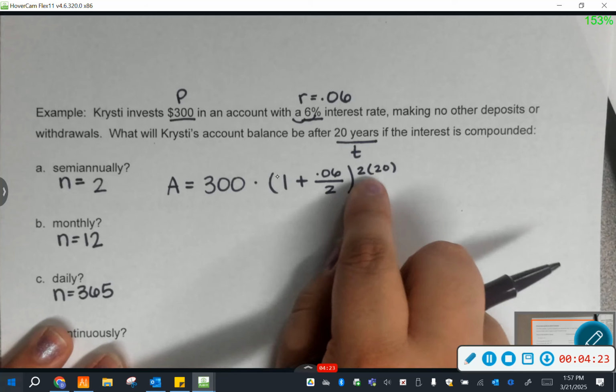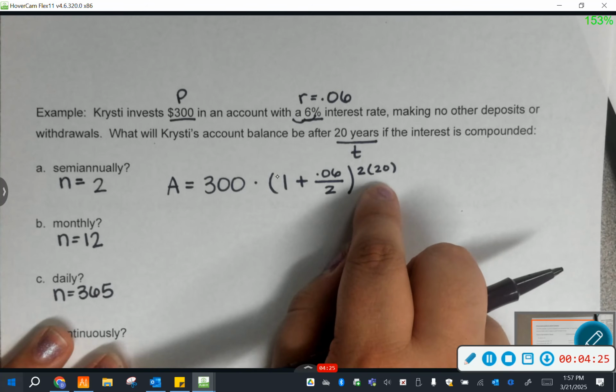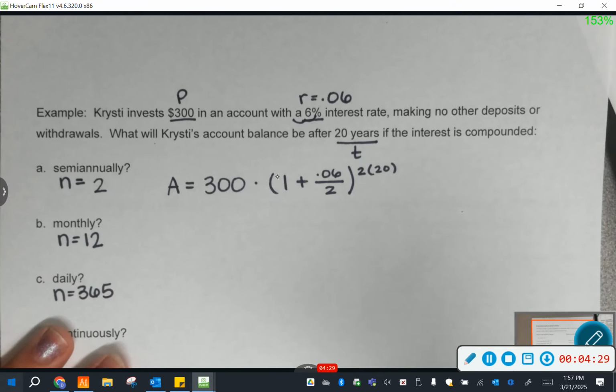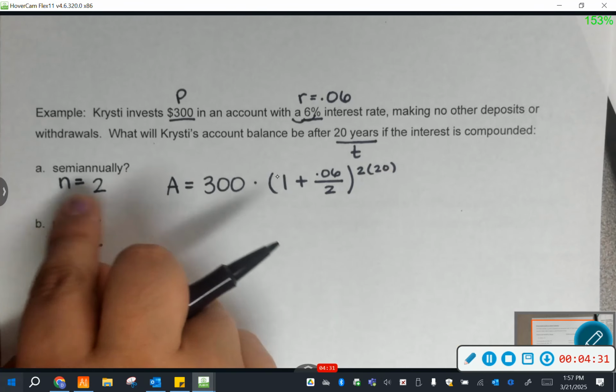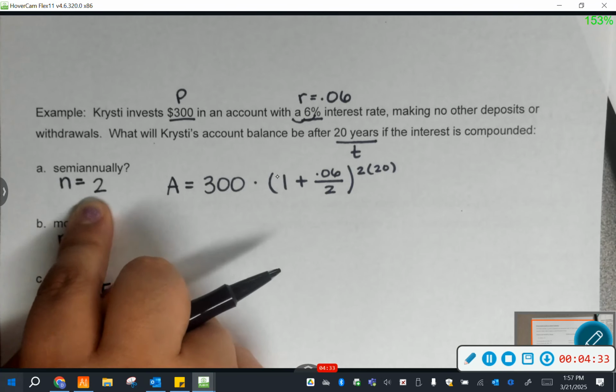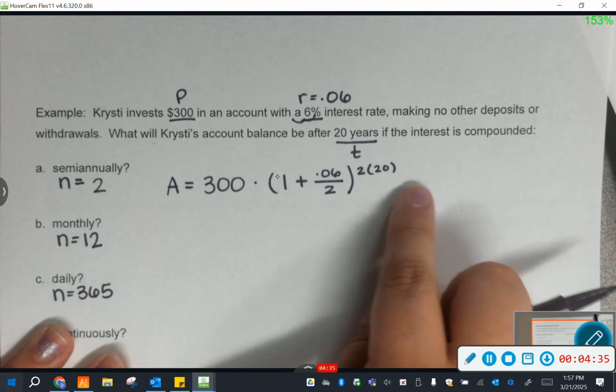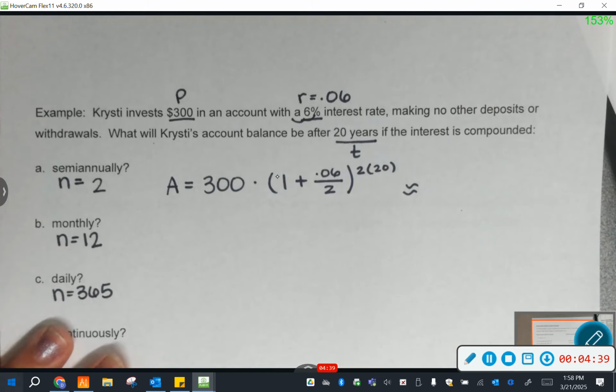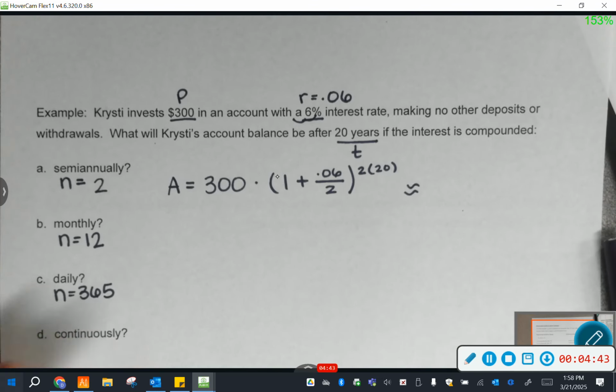Your exponent is how many times you would compound throughout the whole time. So if it's 20 years and you're compounding semi-annually, that's 40 times total. That's what that exponent is. And then, what am I going to do? Just plug it into Desmos.